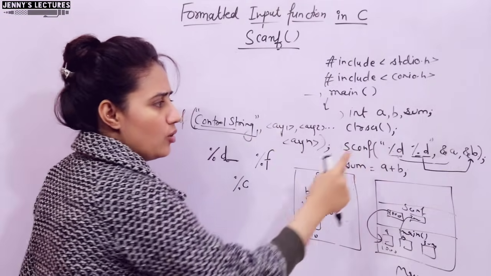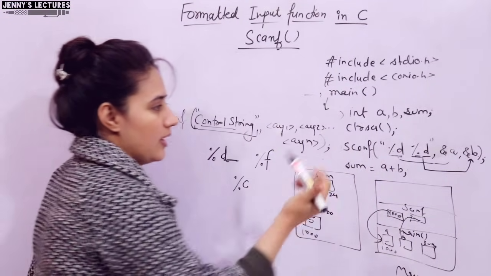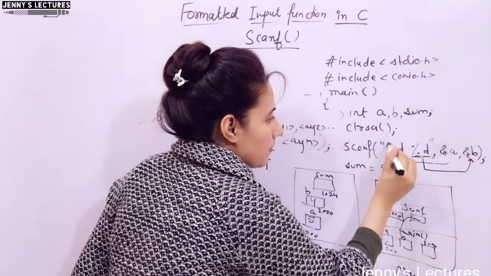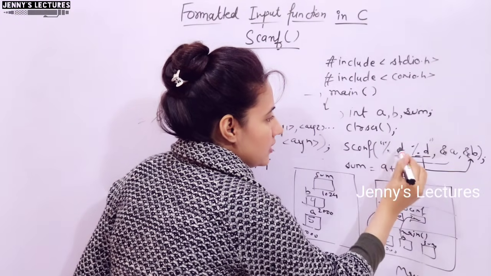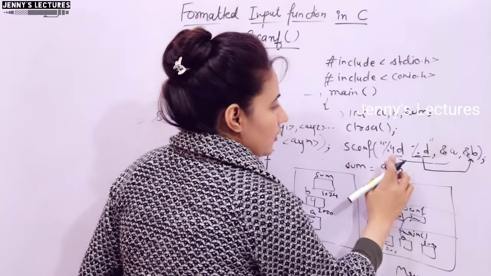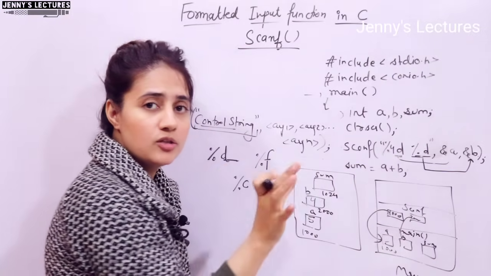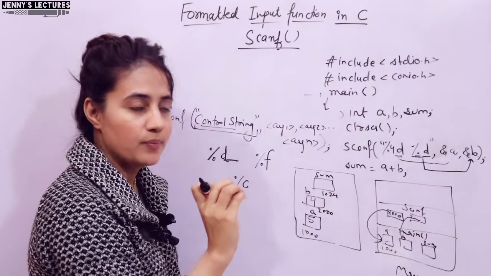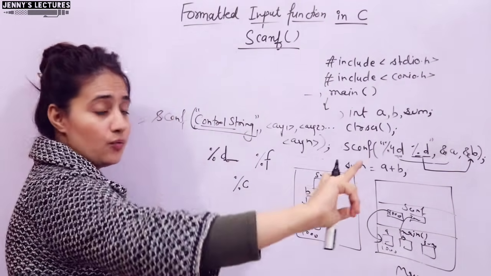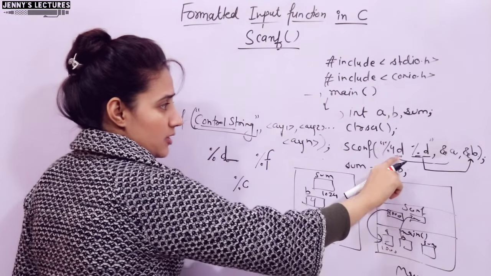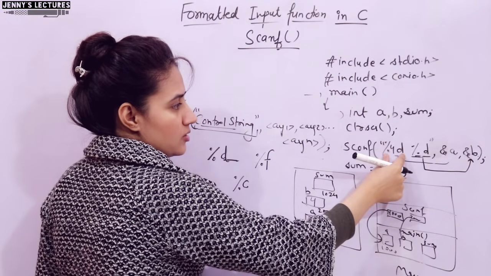Now here you can also assign a width. Suppose I am writing here %4d, it will specify the width of the number you will take from the user. Suppose while entering the value, I am writing %4d, which means the width is 4.